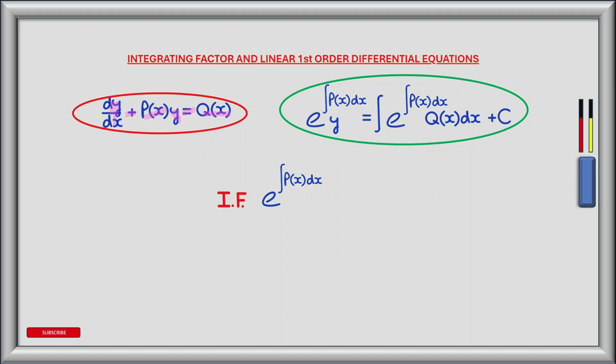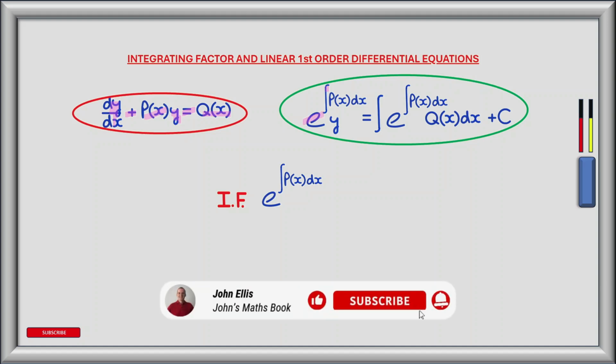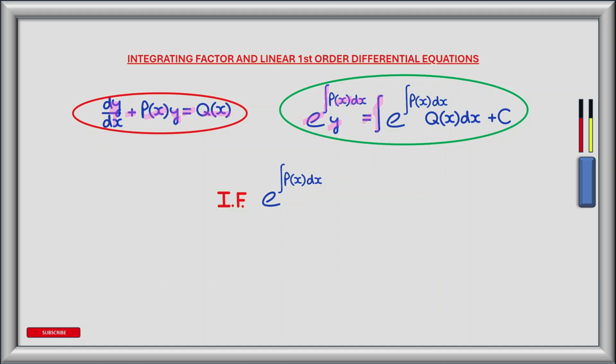The general solution is given by the formula e to the power of the integral of p(x) dx multiplied by y is equal to the integral of e to the power of the integral of p(x) dx multiplied by q(x) dx plus a constant of integration c.